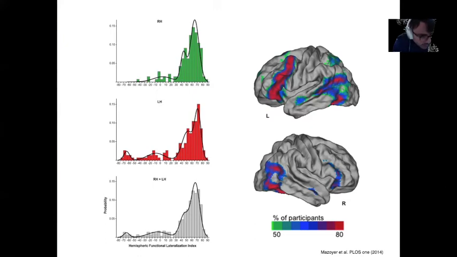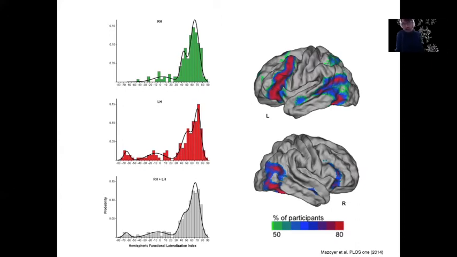Then if you take 200 other participants, very carefully selected as strongly left-handed, you'll see that those left-handed participants do not systematically have language organized symmetrically compared to right-handed, as we might think.